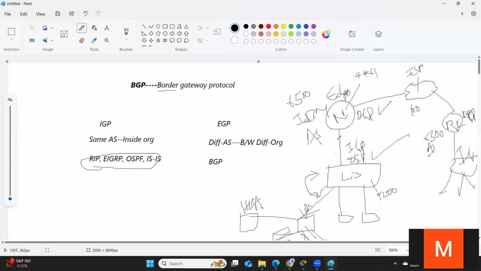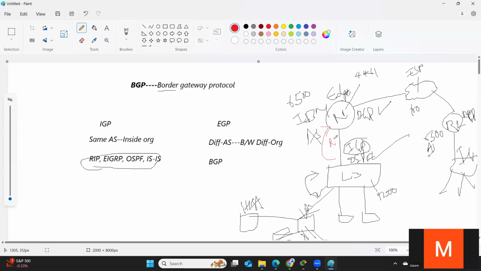So what happened when here we are using, as we told, OSPF, that is an IGP protocol. So here also same thing. For that we have a concept. If you want to advertise these prefixes into this router, what we will do basically is redistribute these prefixes into the BGP protocol.